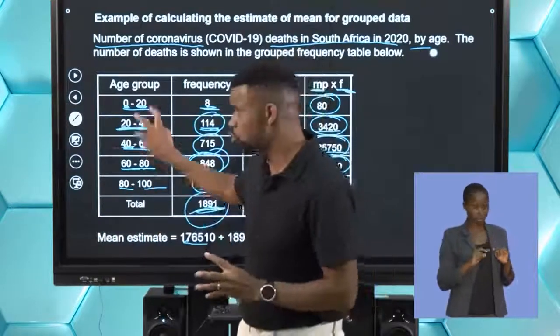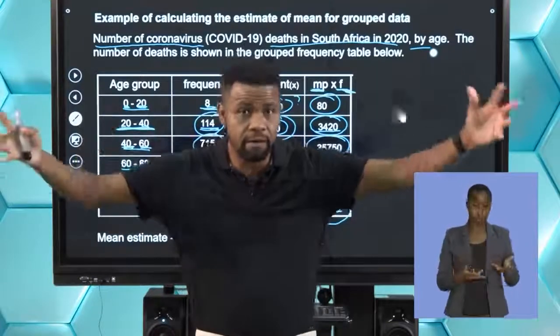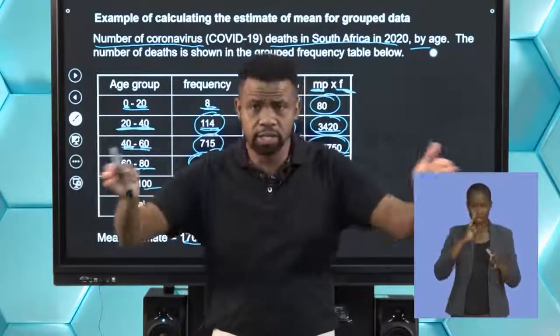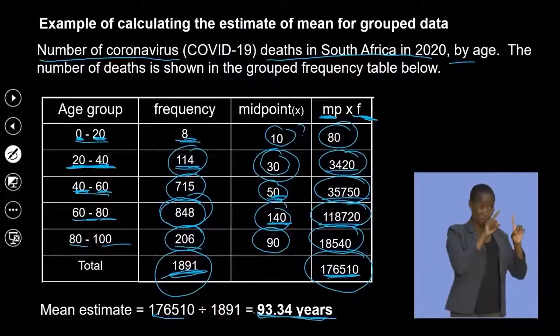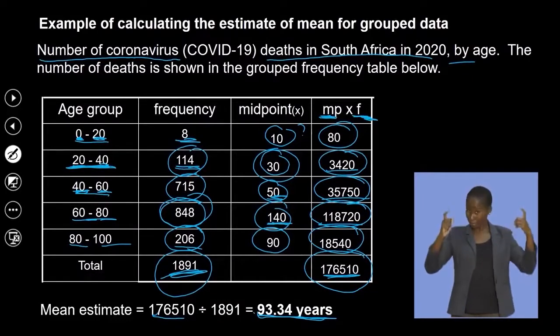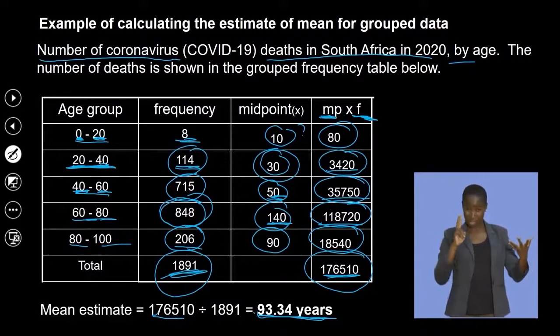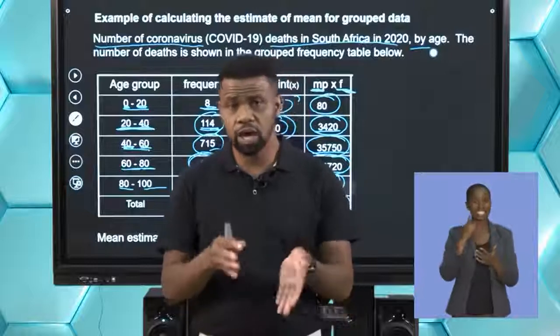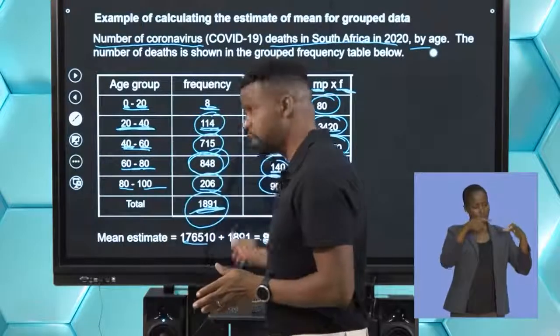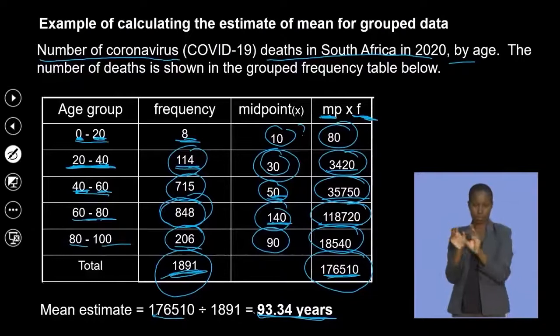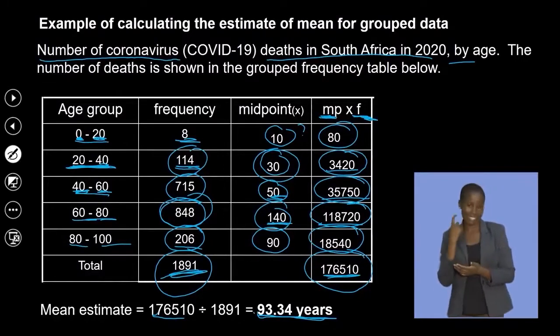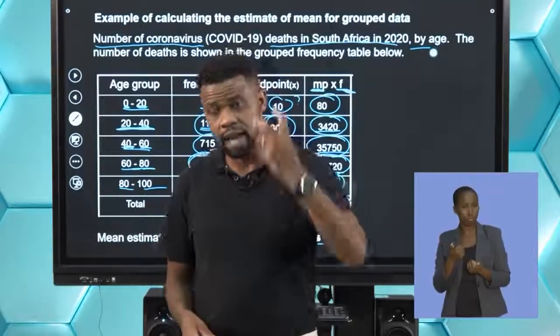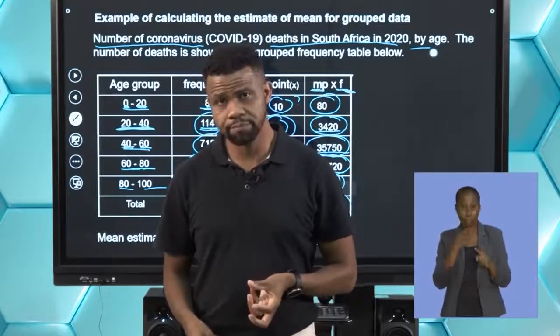Because if you look at the groups, they are just so big. 0 to 20, 20 to 40, 40 to 60, such a big interval. So if we make the intervals smaller and try to estimate the mean, I'm expecting we can improve the accuracy of the estimated mean of dying from COVID-19.